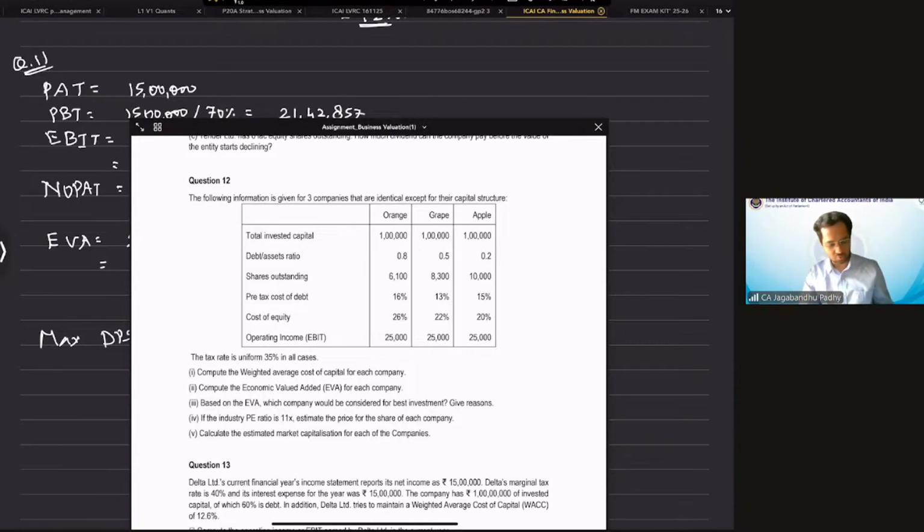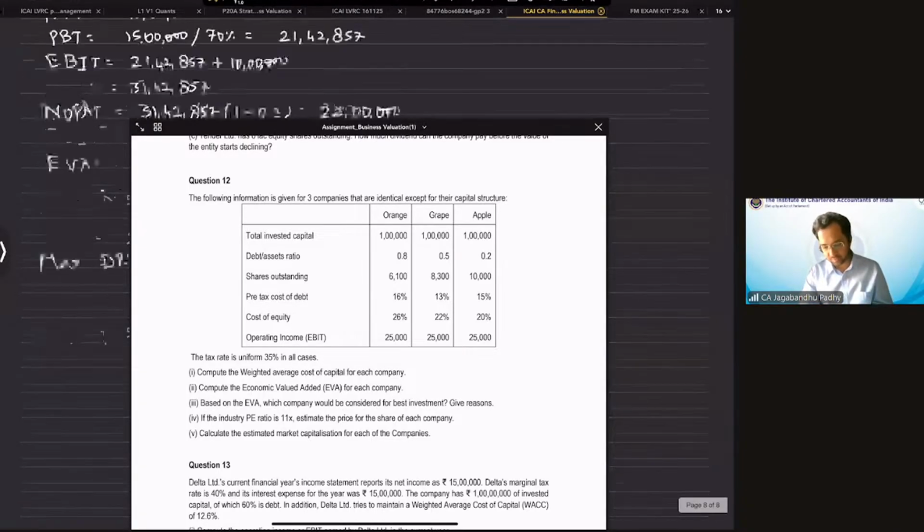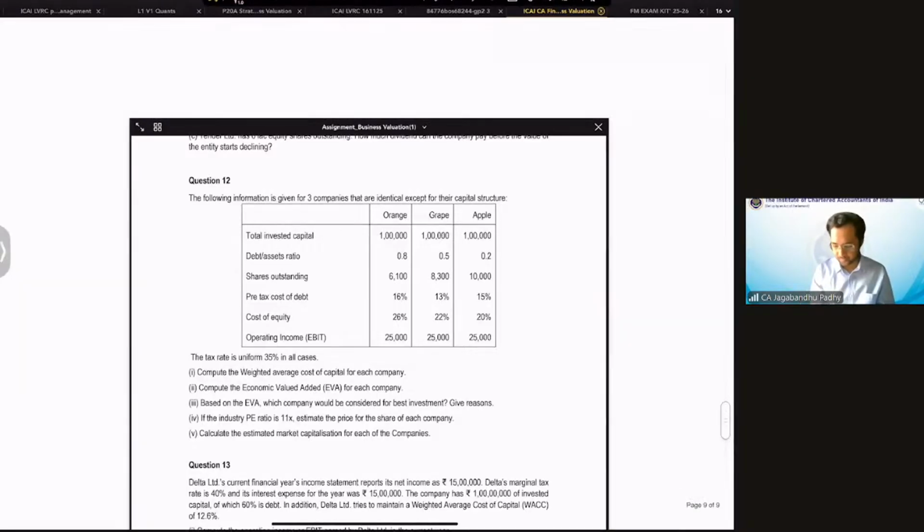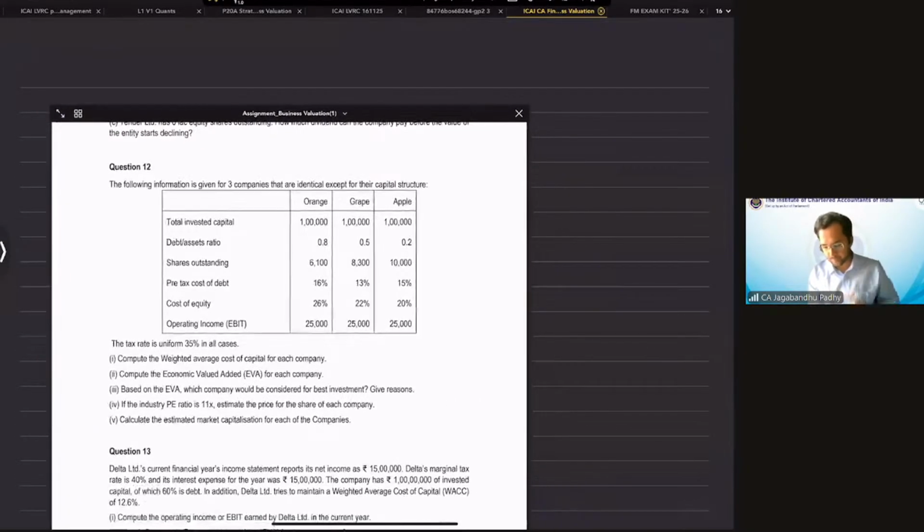Just give it a try, guys. Try to solve this. You can solve it in the form of a table. Steps are going to be the same. We have the EBIT. First, we need to get the NOPAT.